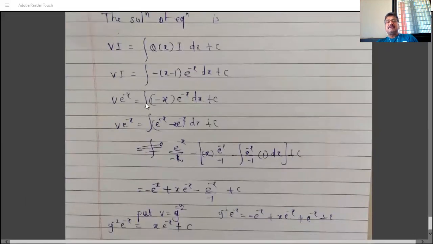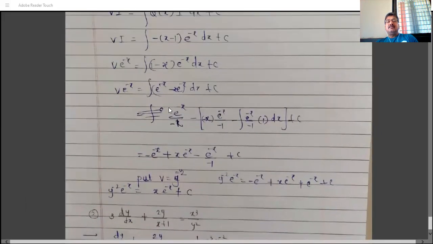So v e raised to minus x is equal to, if you absorb the minus sign, x minus 1 becomes 1 minus x, times e raised to minus x dx. After multiplication in the bracket we have e raised to minus x minus x e raised to minus x. The integration of e raised to minus x is e raised to minus x divided by minus 1, simplifying the RHS, and then minus x into e raised to minus x.